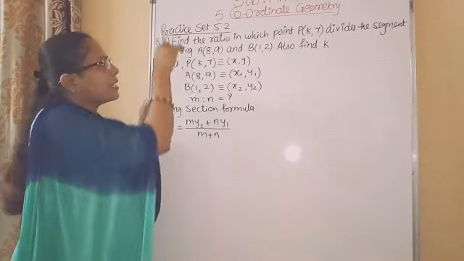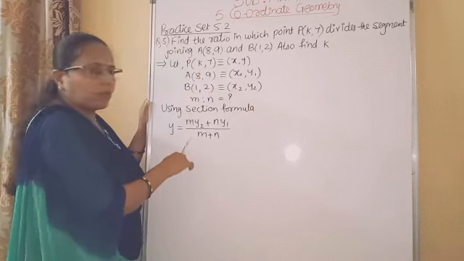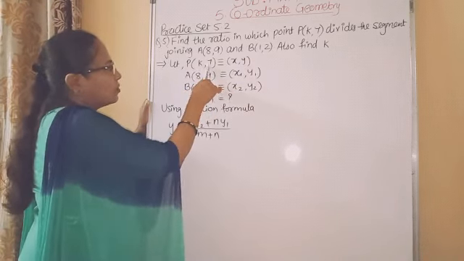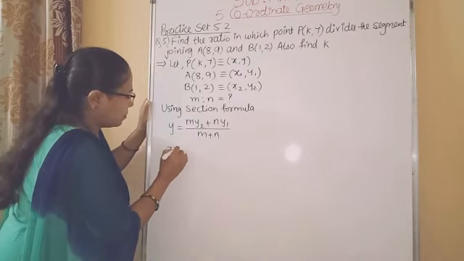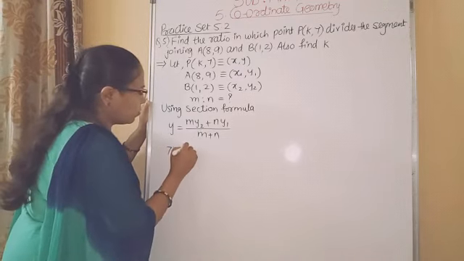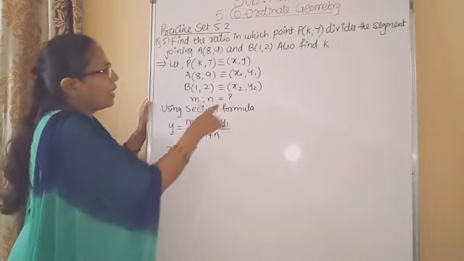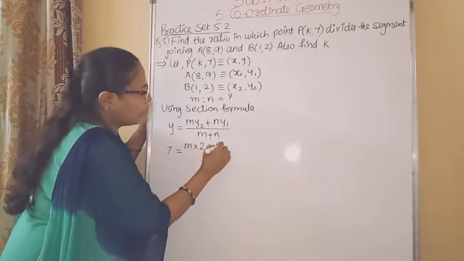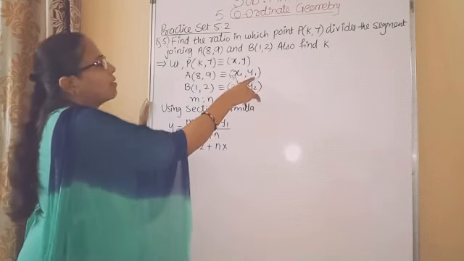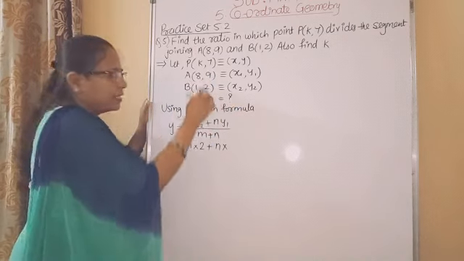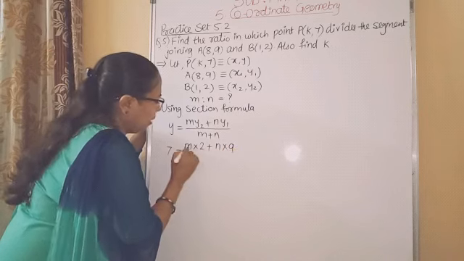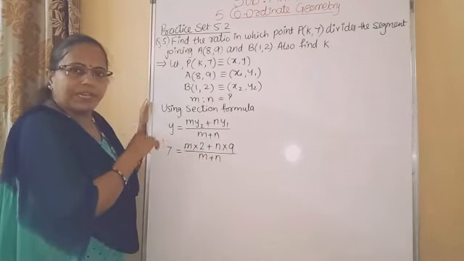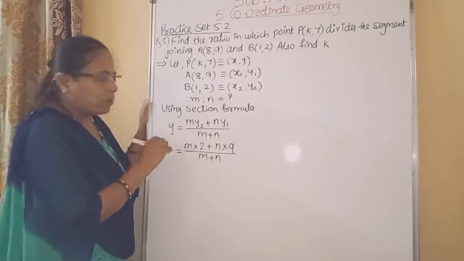So to find the ratio, first we have to use the y coordinate formula. Now y is equal to 7, m we don't know, y2 equal to 2, plus n also we don't know, and y1 is equal to 9, upon m plus n. Like the previous example, same way we have to follow.